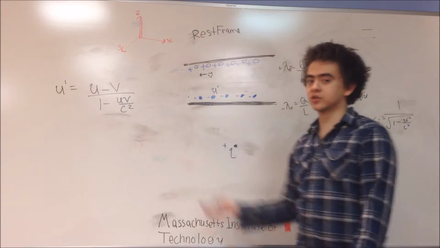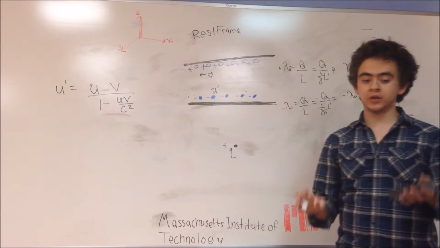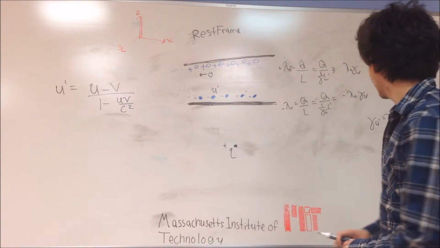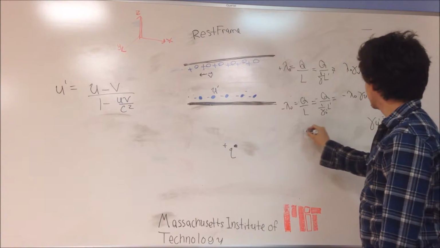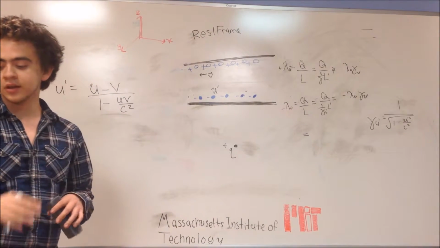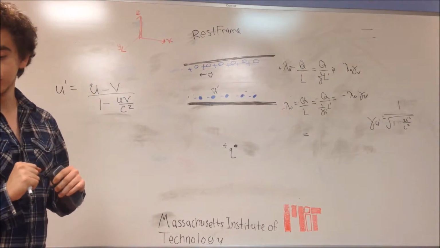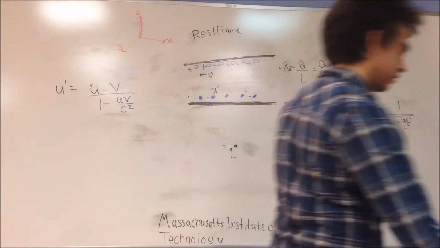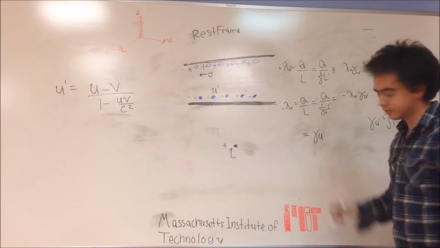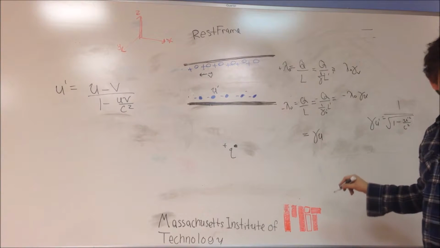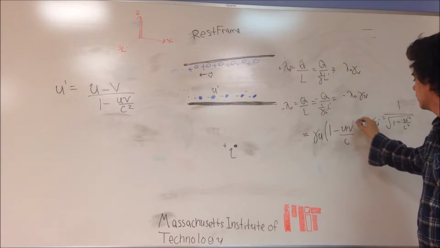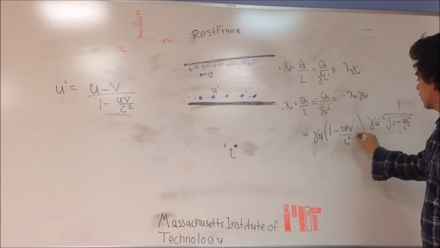As we can see, u prime is pretty complicated. It's going to take some algebraic manipulations, but afterwards we can figure out that this is going to be equal to gamma v times gamma u times 1 minus uv over c squared.